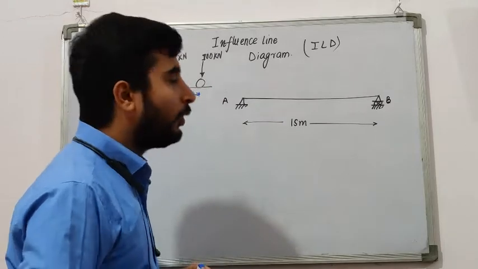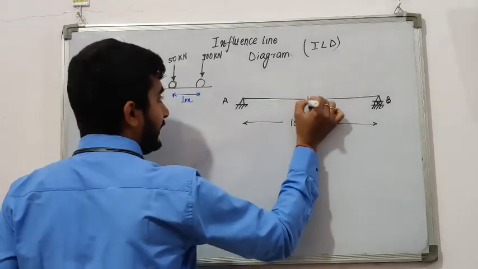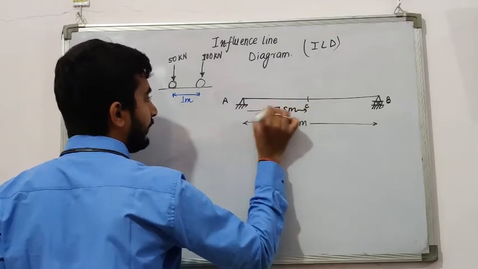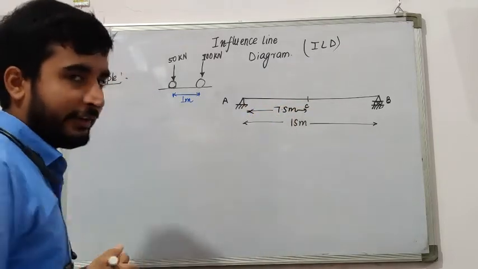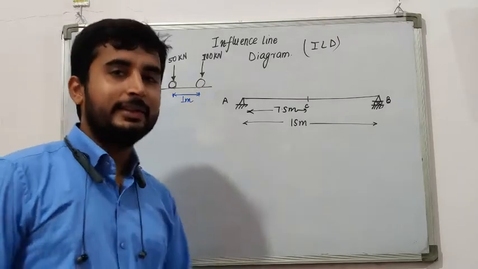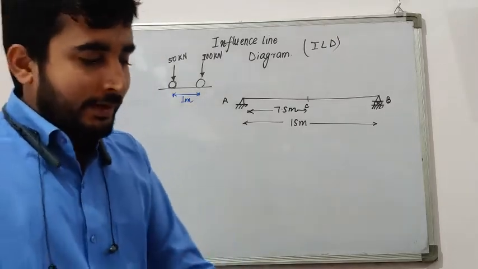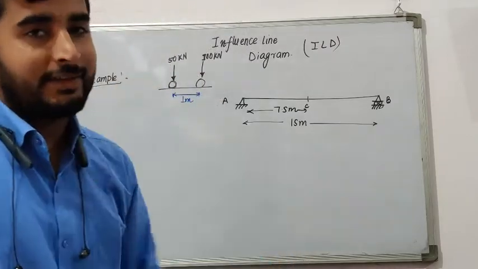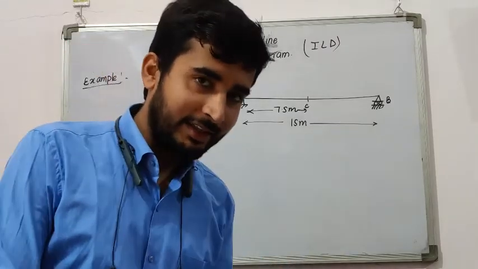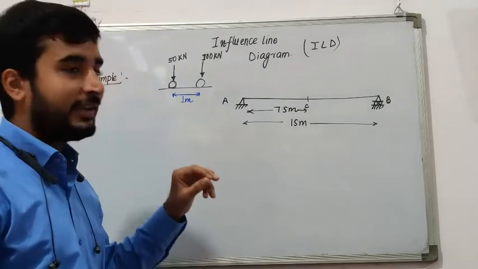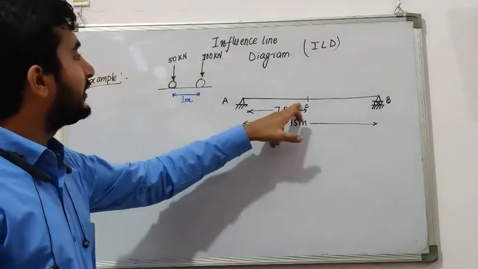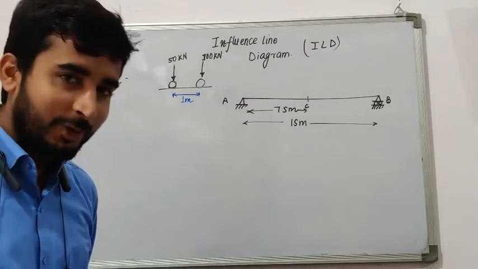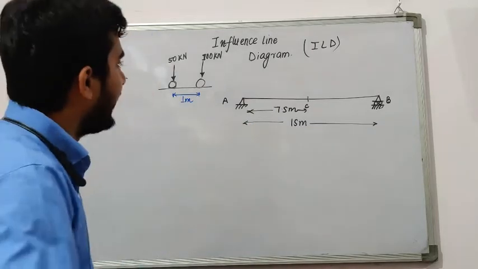I ask you, see there is a center C at 7.5 meter. Tell me the difference in the reaction forces when 50 kilonewton is placed at the center and when 100 kilonewton is placed at the center. Got my point? I am repeating the question.